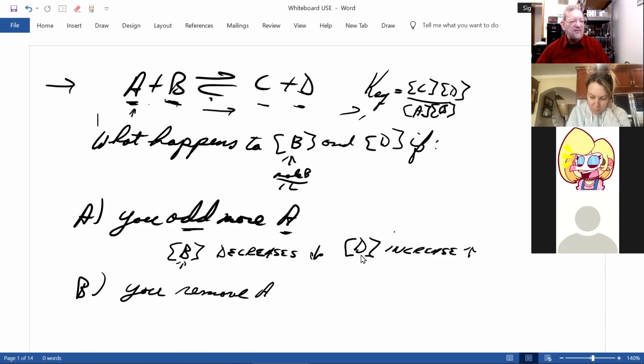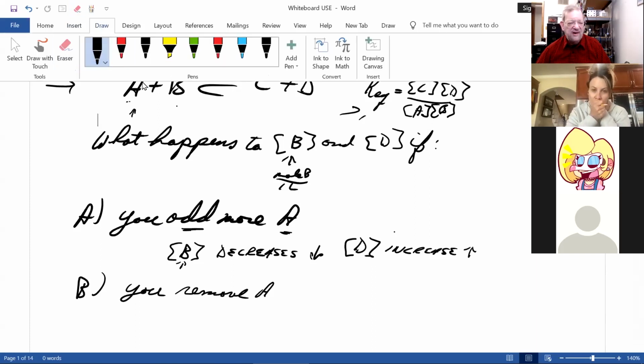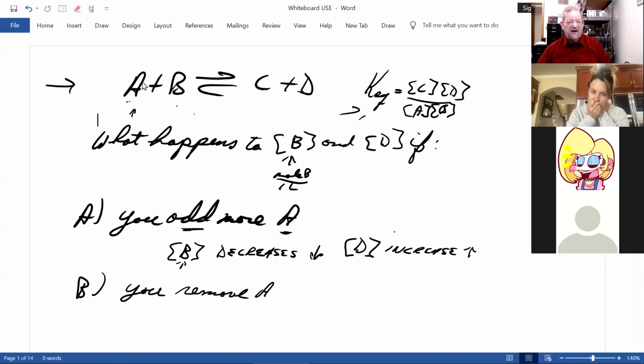Well, if we look at the equilibrium, the problem is there's not enough A because we took some out. And how do we make more A? C and D react to make A and B.